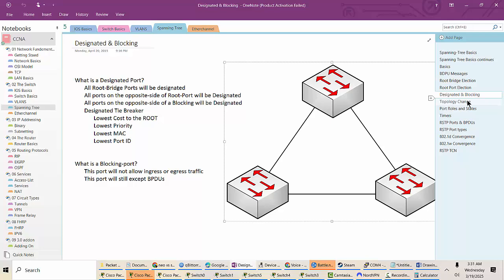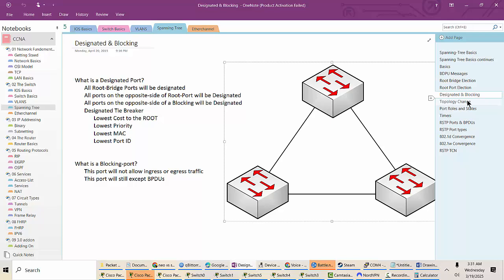So what is a blocking port? This port will not allow ingress or egress traffic. Absolutely none. No traffic coming in or out. But it will still accept BPDUs because it has to.